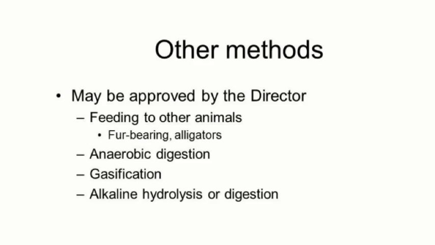And so other methods that might be approved include feeding to other animals, anaerobic digestion, which is the sixth and only other method that's approved in Michigan, gasification, another type of slow combustion, alkaline hydrolysis or digestion at a very high pH of 12.